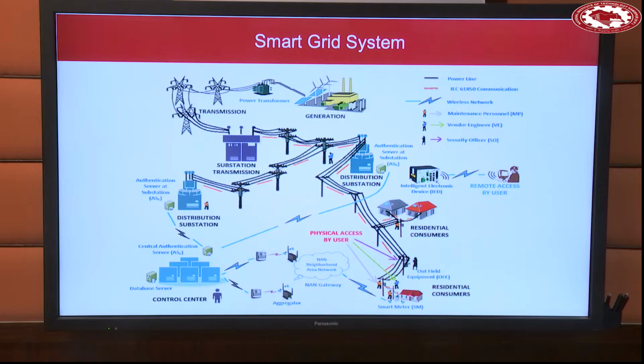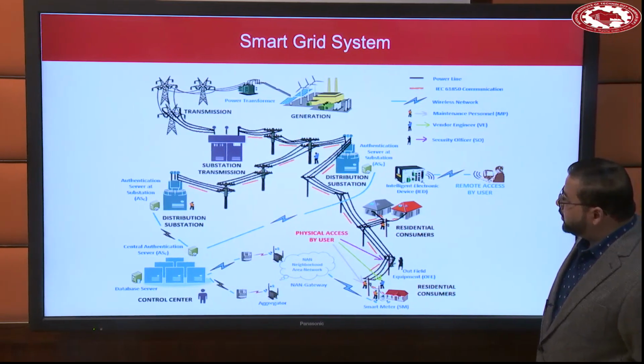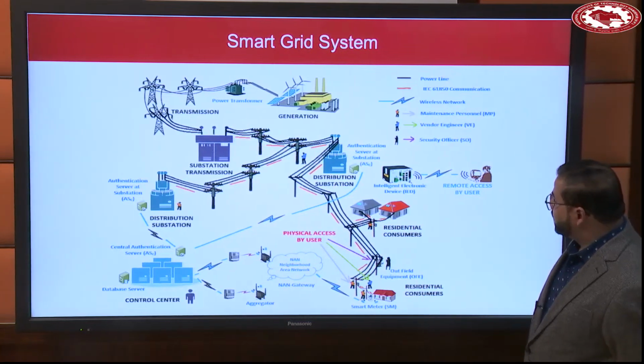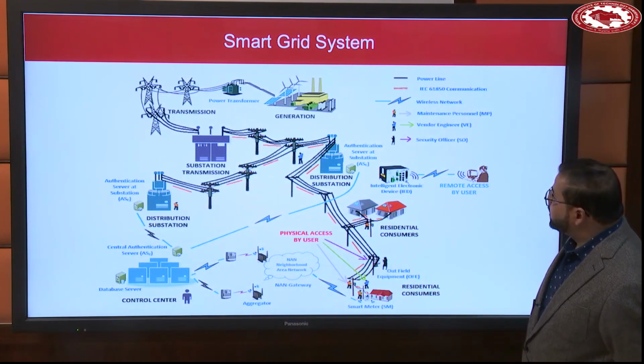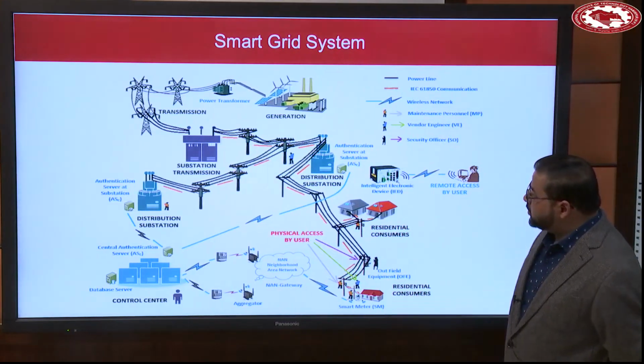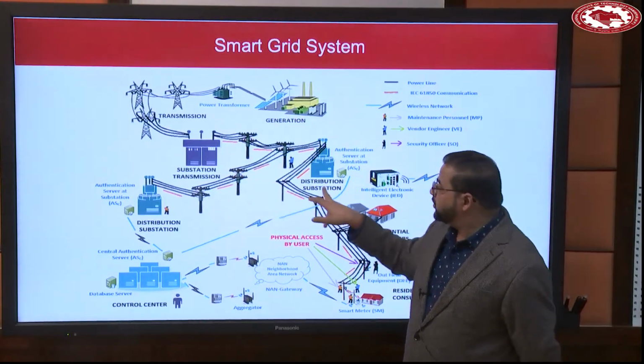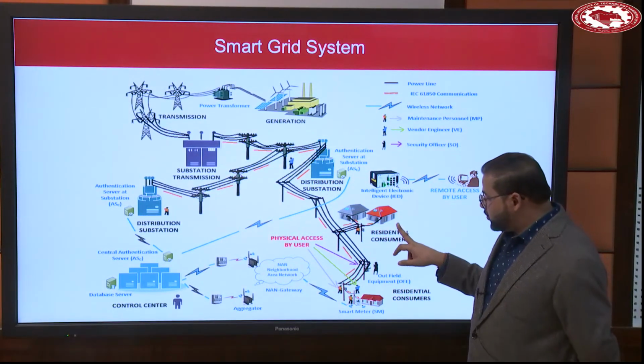So there's a scenario where we have different types of devices. For example, we have IEDs, smart meters and so on. You have a generation unit, transmission unit, distribution coming to your home.